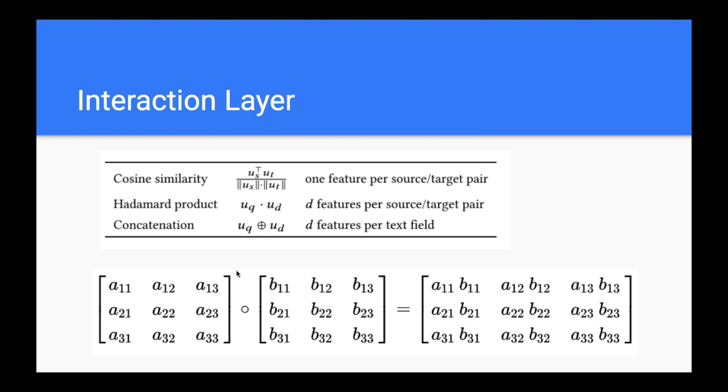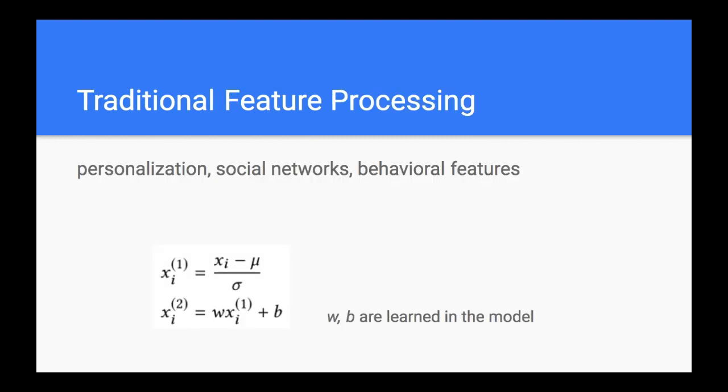And another one is concatenation, which is to concatenate these two vectors. So there are three ways, and you can choose whatever you want. But after they did a lot of experiments, they found that cosine similarity and the Hadamard product are the most effective ones. So they basically use these two for their production.